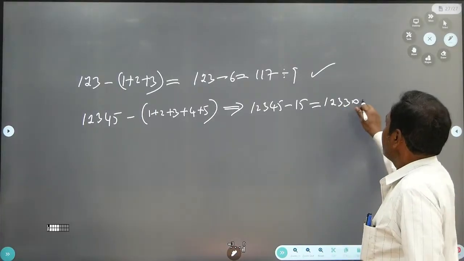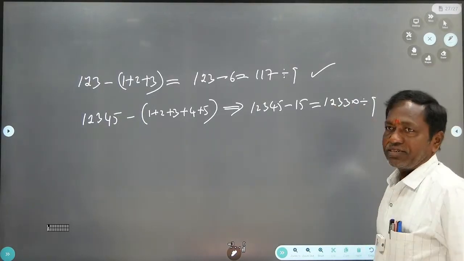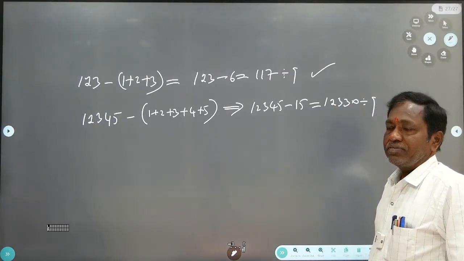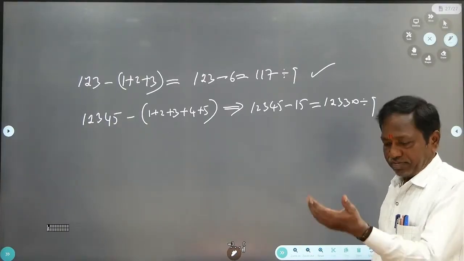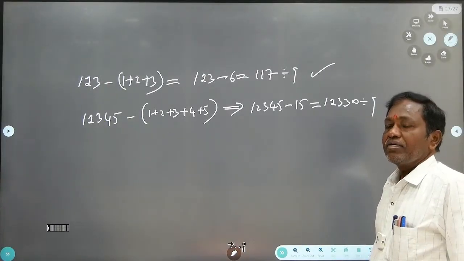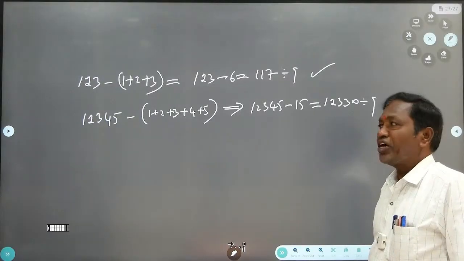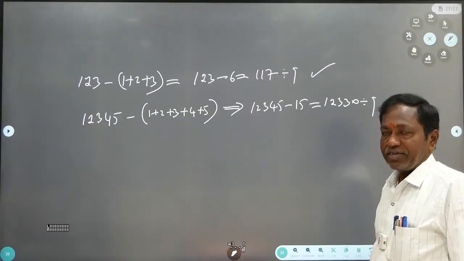So it's always divisible by 9. 1 plus 2, 3, 6, 3, 9. Yes. Any such number can be taken here. N number of digits can be taken. It's a standard property. This is the multiples of 9.